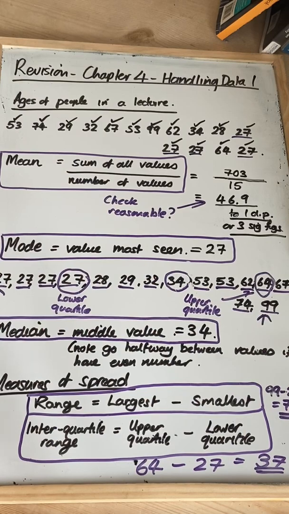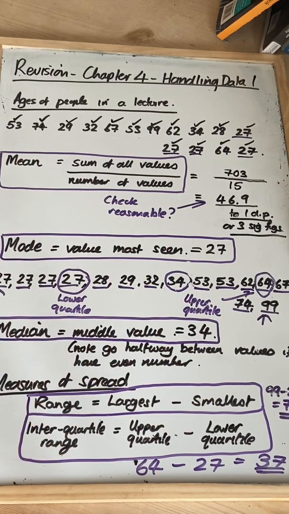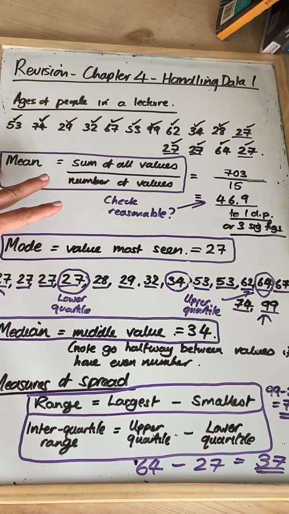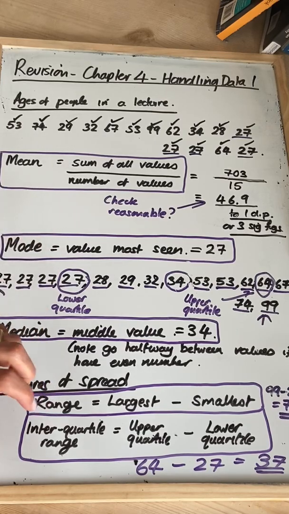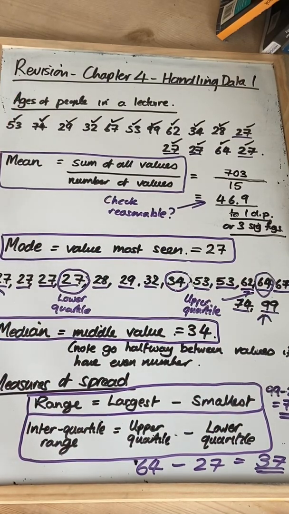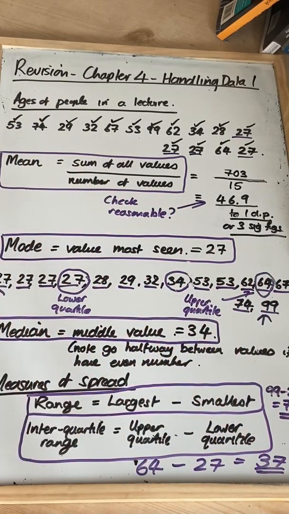That's the kind of thing they ask you in questions. Sometimes they ask you to compare one set of data with another. So you can calculate the mean and the median to give an idea of the middle value of your data, and then the range and the interquartile range to give an idea of how spread out your data is. Those two sorts of measures, a measure of your averageness and a measure of your spread, are both really useful for comparing sets of data.